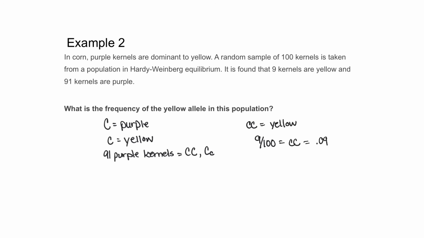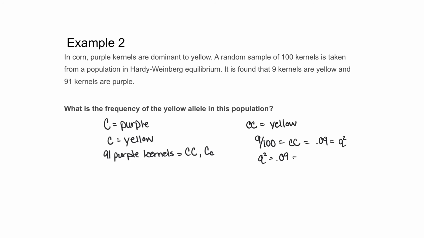And that's going to give us q², because q² is equal to our homozygous recessive genotypic frequency. Now, so we have q² equals 0.09. This gives us the genotypic frequency.